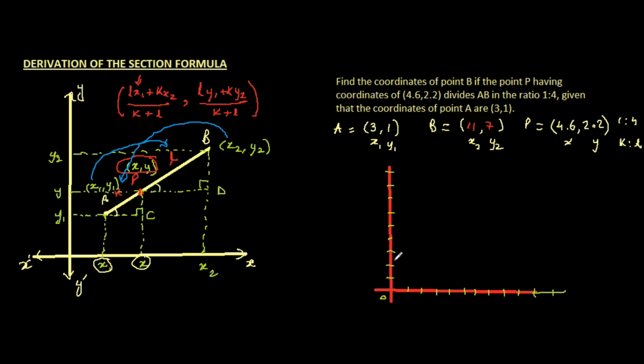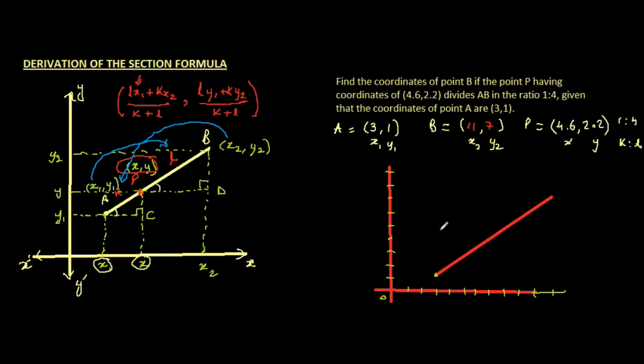If we have the point 3, 1, so 3 comma 1 should be the point here, and we have 11 comma 7, so 3 4 5 6 7 8 9 10 11, and 7 should be 1 2 3 4 5 6 7, so it should be somewhere here. So this is our line segment from this point to this point, and let's see where the point P is.